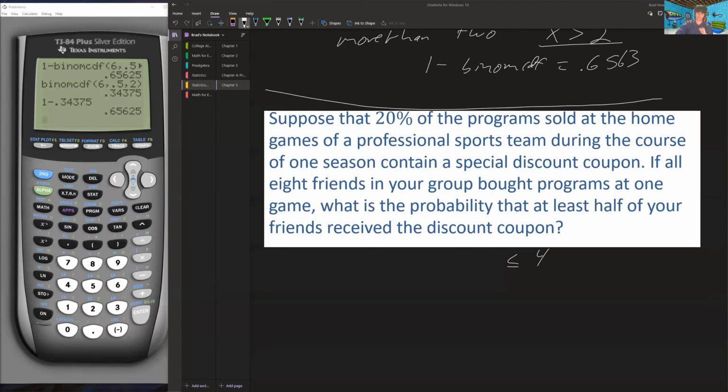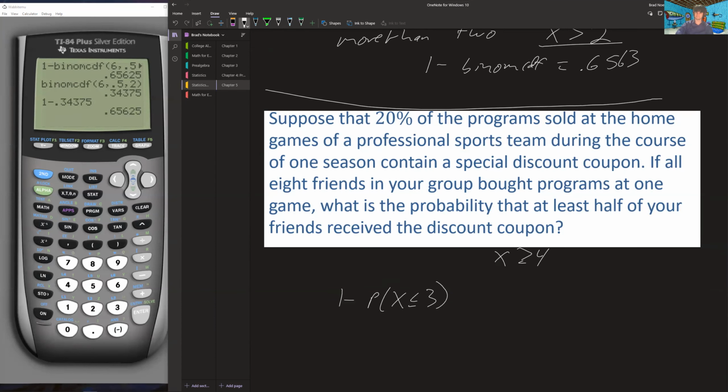So what I'm going to do for this is I'm going to note greater than or equal to 4. My complement is going to be 1 minus the probability of x is less than or equal to 3. Because it needs to be at least half of our friends, we want it to be greater than or equal to 4 here.